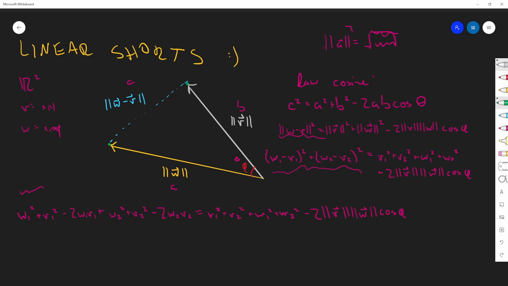We have w1 squared, v1 squared, w2 squared, v2 squared on both sides.